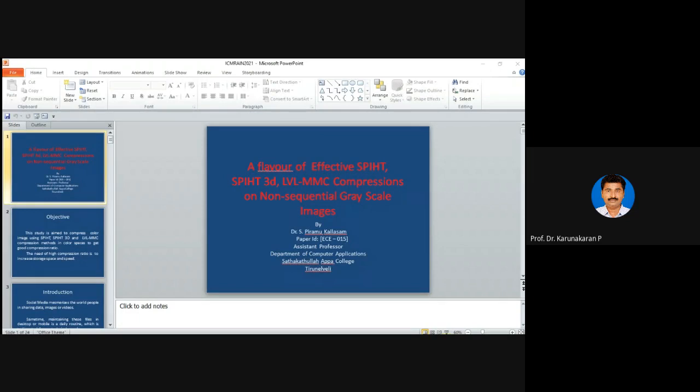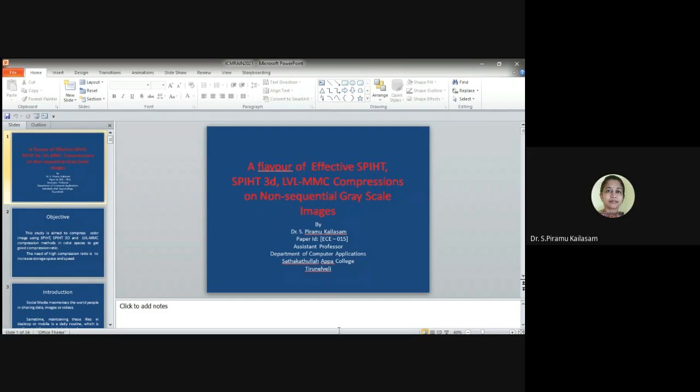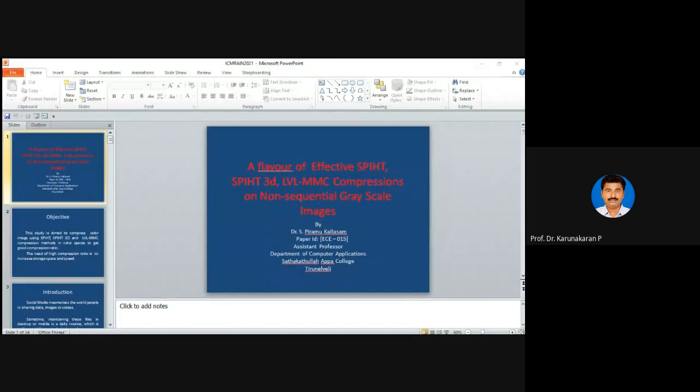Then use full screen mode. Left side some slides are there. Shall I start, sir? Press F5, whether you are using mobile or computer. Computer, laptop. Press F5. Automatically you can get it. Otherwise, bottom left side one icon is there. Yes, sir.